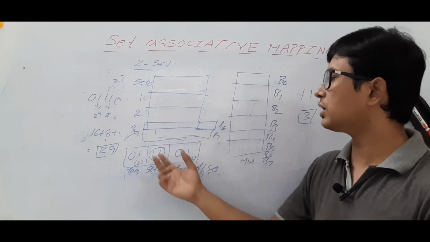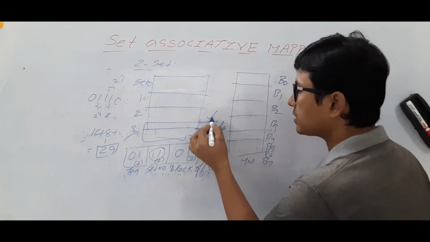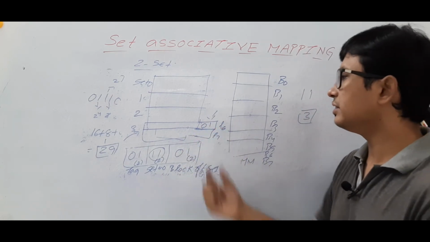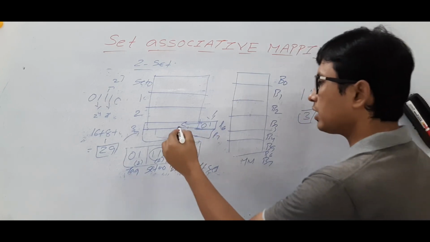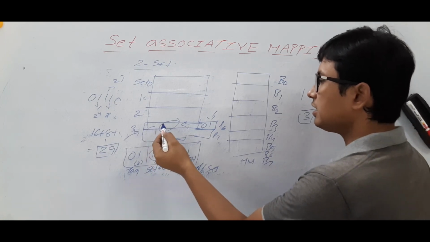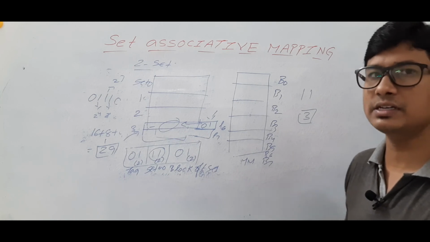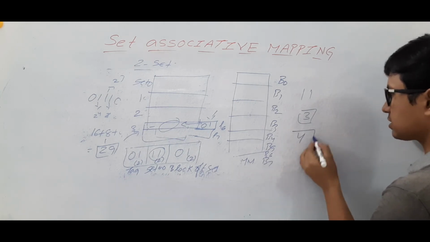Now whatever block you are searching, you have to match with the tag bits. If the tag bit is 0, 1, then you can say that in this line the word you are searching will be there. How will you search? 2 bits are allocated for the block offset, so the meaning is that the block size is 4 words. Am I right or wrong?